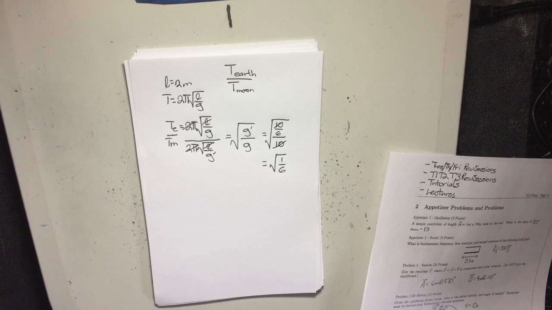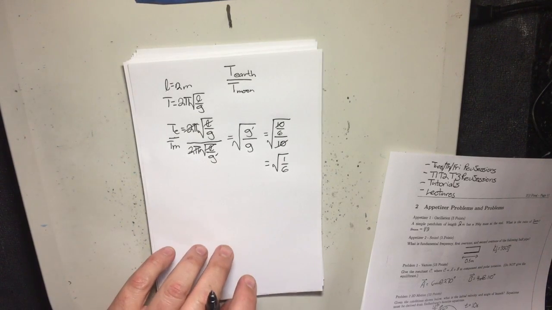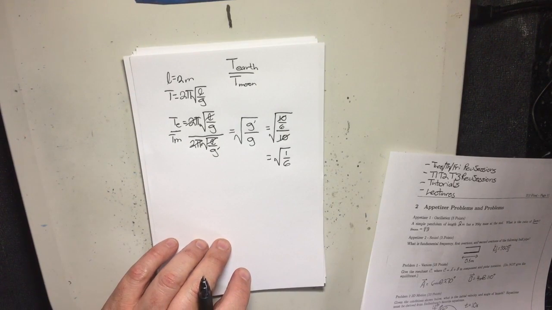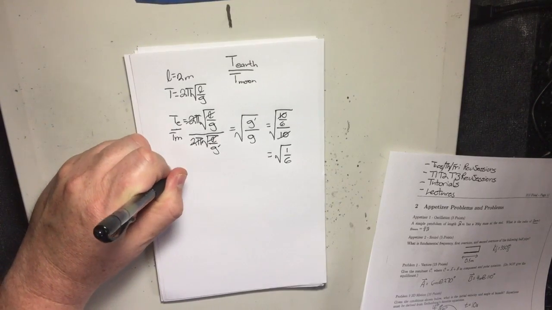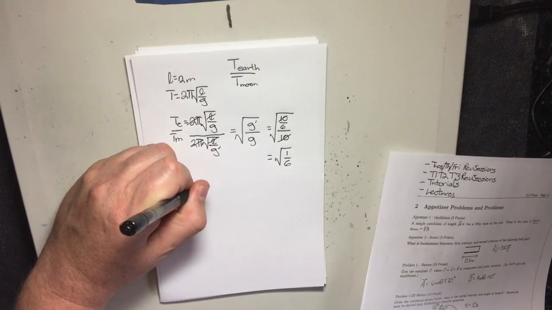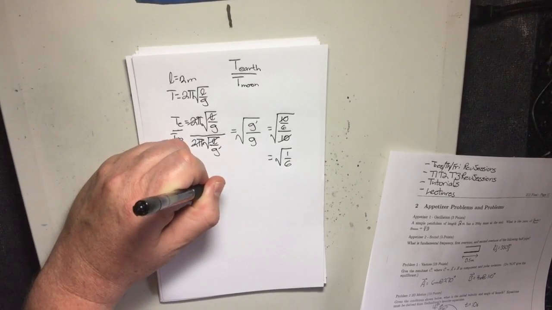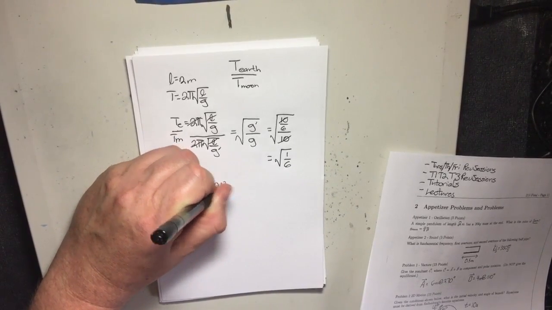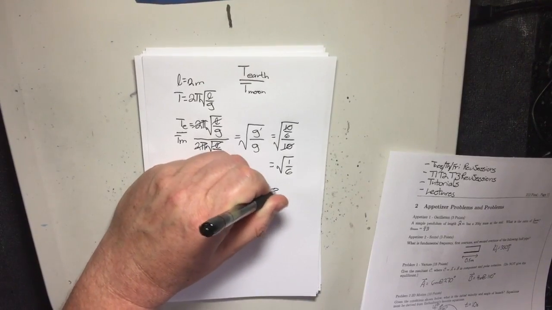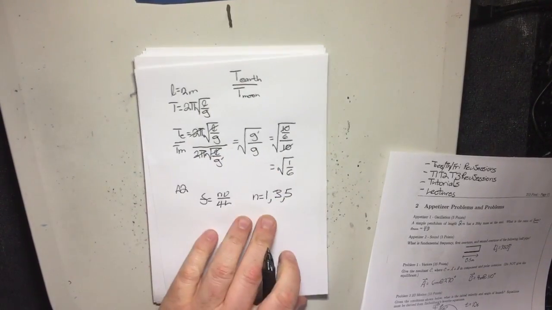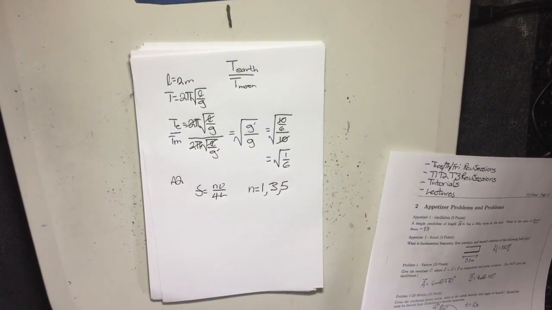Appetizer number 2, sound. What is the fundamental frequency, first overtone, and second overtone of the following half pipe? Velocity of sound is 350. The frequencies are NV over 4L, where N is equal to 1, 3, and 5. Half pipes do not have even harmonics.